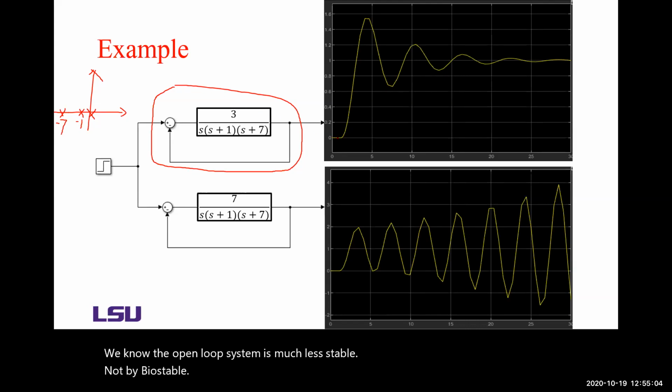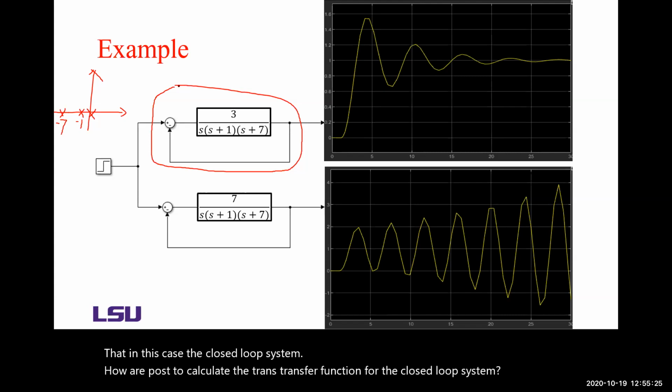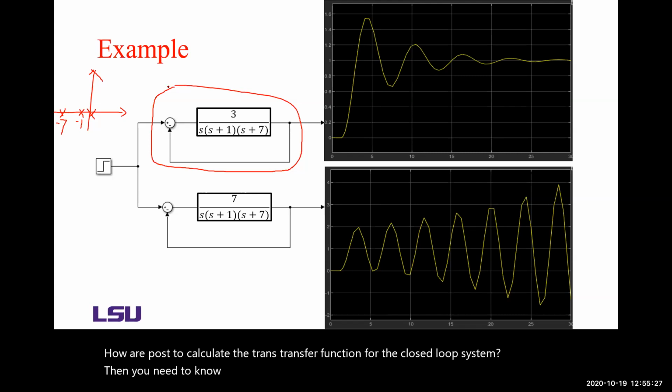When we look at the closed loop system, to calculate its transfer function you need to use block diagram reduction for the feedback arrangement.